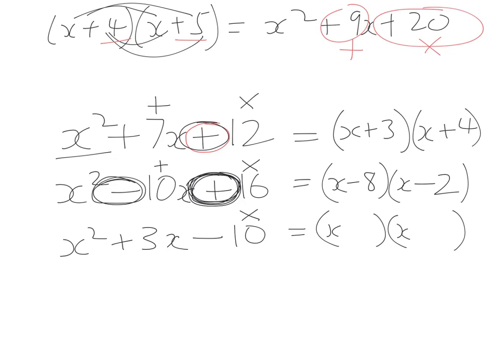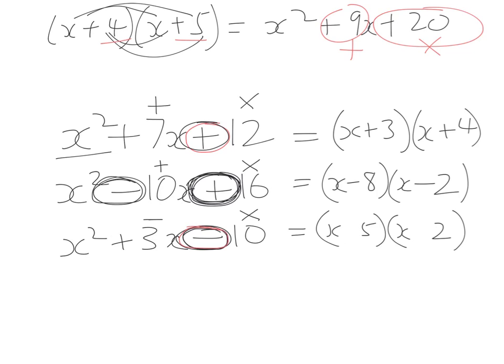Sorry, we're going to start with x and x. 2 numbers that times together give you 10. But this time, we're going to subtract to give us 3. Okay, we said that sign there was a good hint. Alright, so two numbers that times together give you 10 and subtract to give you 3. And those two numbers are 5 and 2.